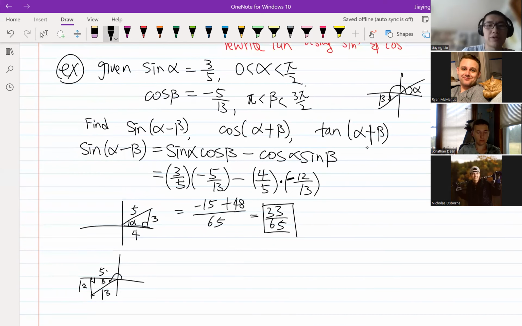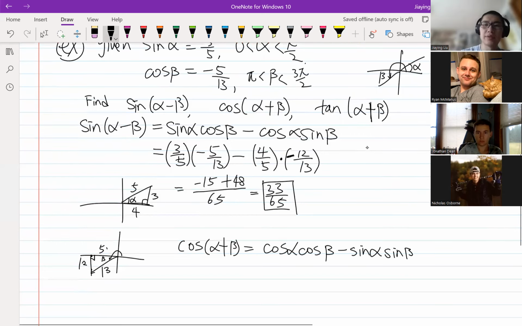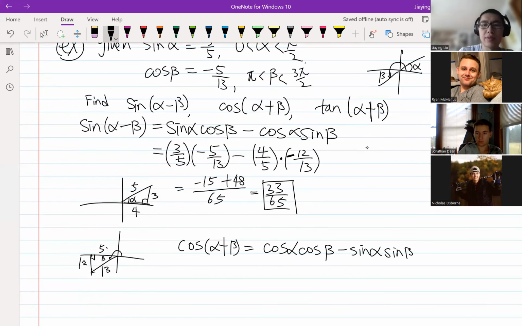Suppose I want to find the cosine alpha plus beta. Using the formula, that's cosine alpha cosine beta minus sine alpha sine beta. Then we're just going to plug in what we know. Cosine beta is -5/13.